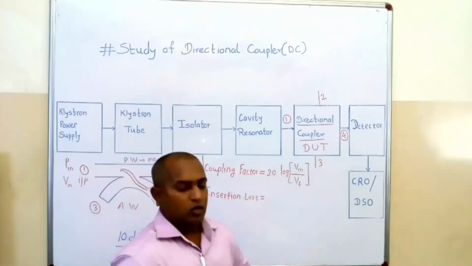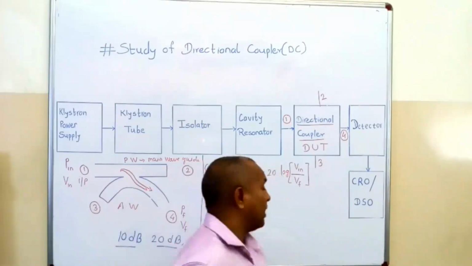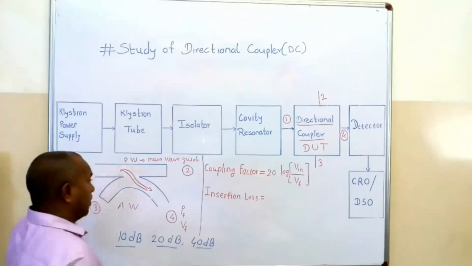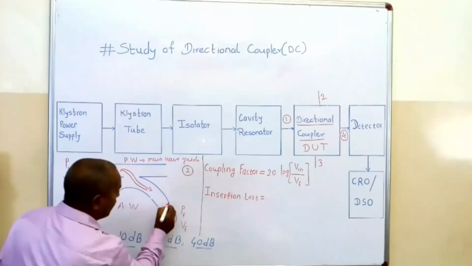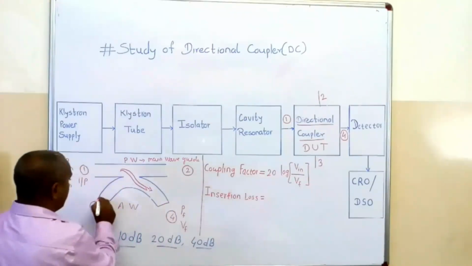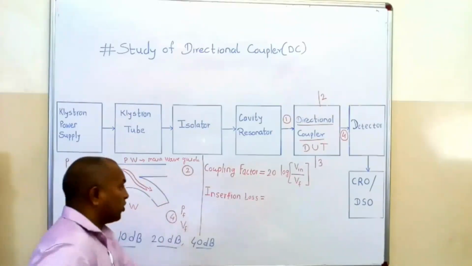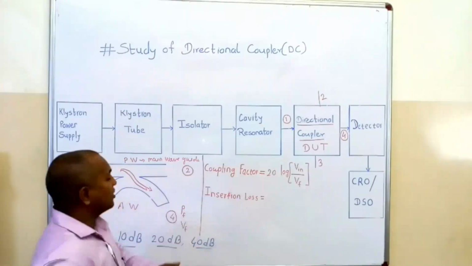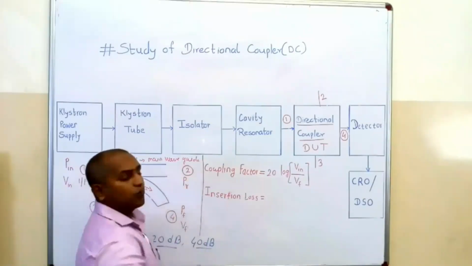So to measure the insertion loss, what we will do? We will apply the input to port number 1. We will match port number 4 and port number 3. Whatever the output across port number 2 is your received power.